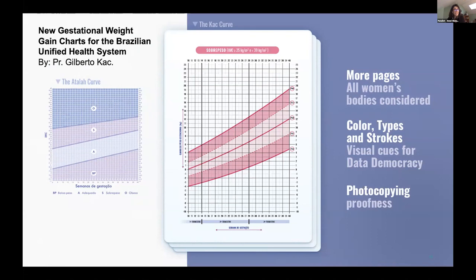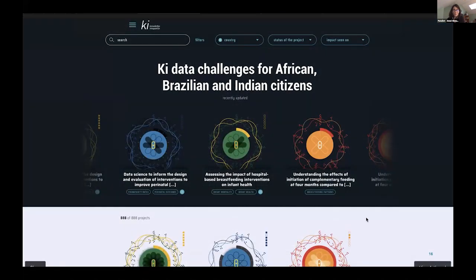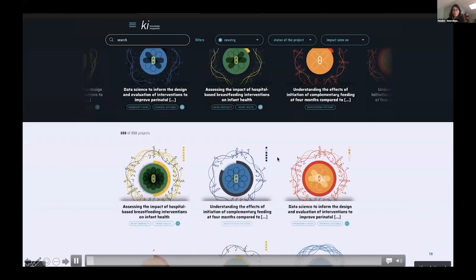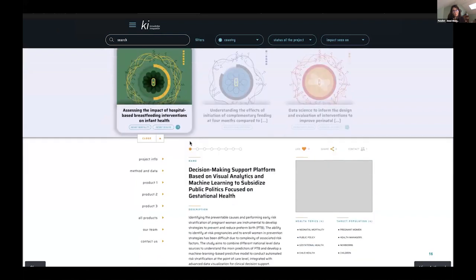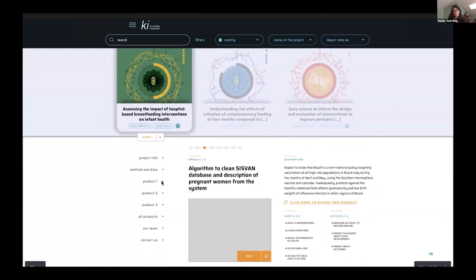And I'll end my presentation by presenting very quickly this gallery of KIGC projects that has been built by our Brazilian partners.